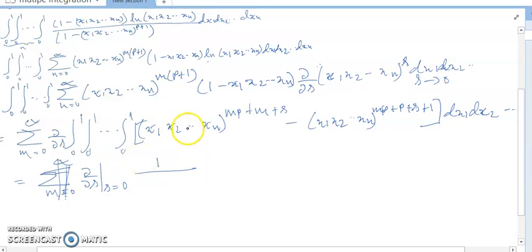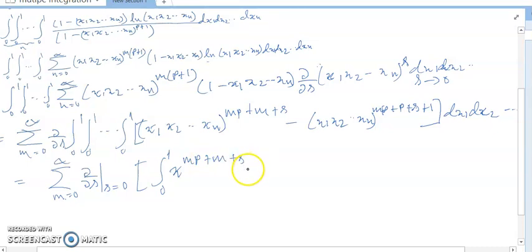This is another very simple way. So summation m equals 0 to infinity of the integral 0 to 1 of x to the power mp plus m plus s dx, whole to the power n, minus the integral 0 to 1 of x to the power mp plus m plus p plus s plus 1 dx, whole to the power n.